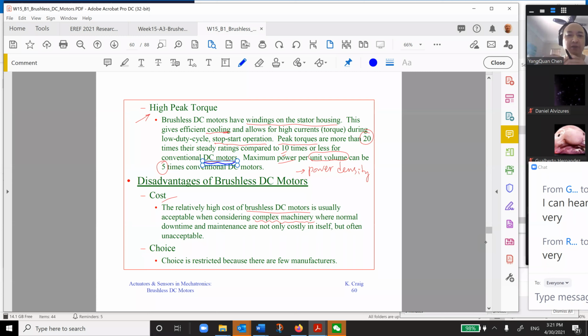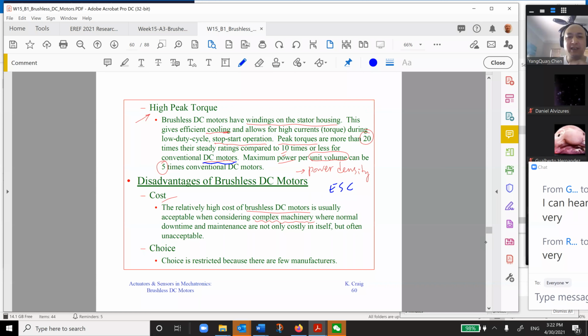Maximum power per unit volume is 5 times higher than the traditional brushed DC motors. So everything is good. What is the disadvantage? That actually is changing. The brushless DC motor's most expensive part is the electronic speed control block.